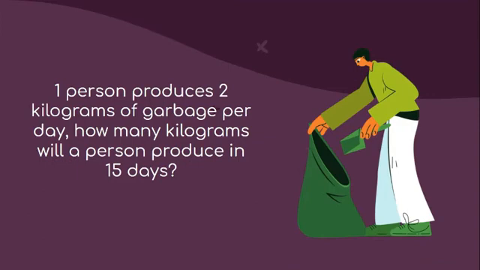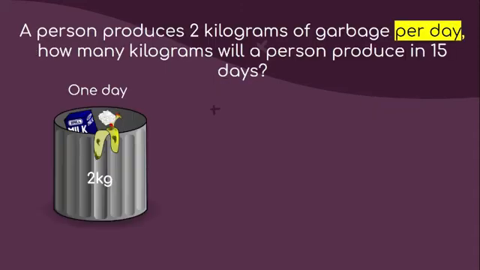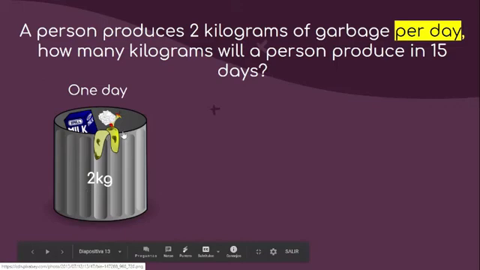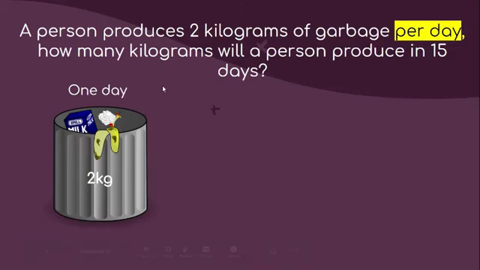A person produces 2 kilograms of garbage per day. How many kilograms will a person produce in 15 days? Let's try to visualize this information. So, this represents the amount of garbage in one day that a person can produce.